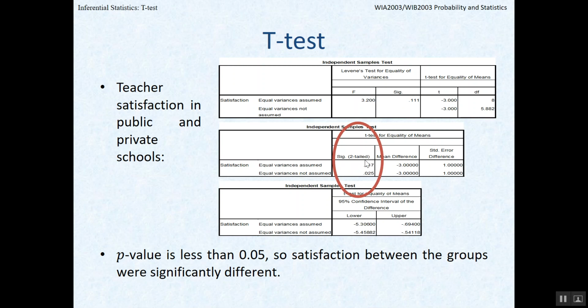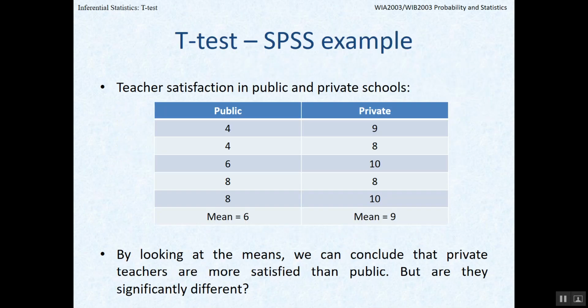This is the p-value, a two-tailed test. The p-value here, 0.017, is less than the 0.05 alpha value. So satisfaction between the groups was significantly different. Then you can see it is not by chance, but there is a significant difference in terms of satisfaction of the teachers in private and public school, right?